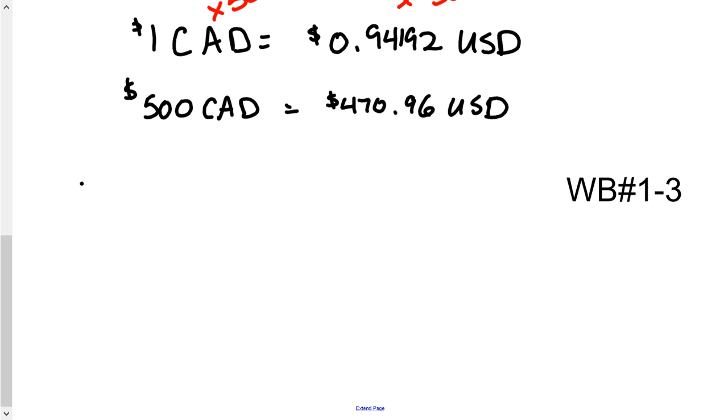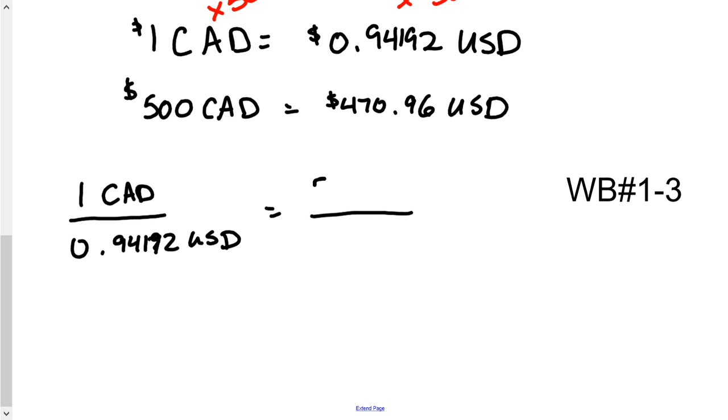So let me show you how that looks when we set it up as a proportion. So I have 1 CAD that is worth 0.94192 US dollars, which is equal to saying $500 over X. So if we plug this into a calculator, assuming that I've set this up correctly, we should get the same value that we just had.